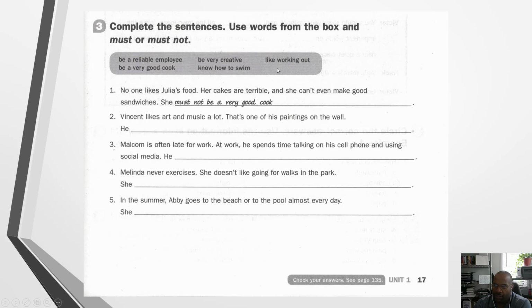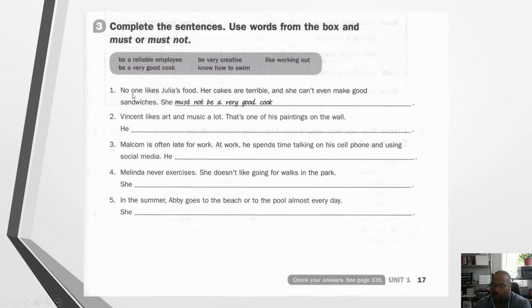And the last one is, like working out. So the first one is done for us. Now that we know how to say these phrases, let's plug them in here and let's make sentences using must or must not.